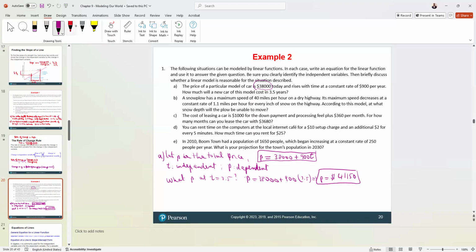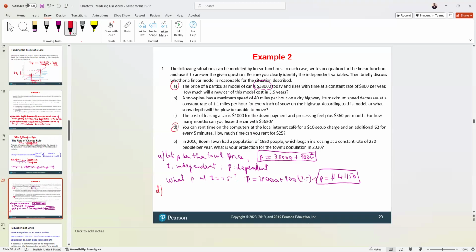If you do D as in dog, you're going to do the same. Look at D. I try to do A and leave the rest for you, but let me do D also. So you can rent time on the computer. First of all, you need to review and see what you can.